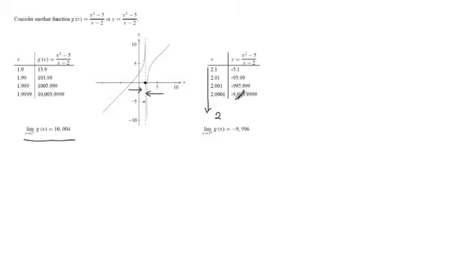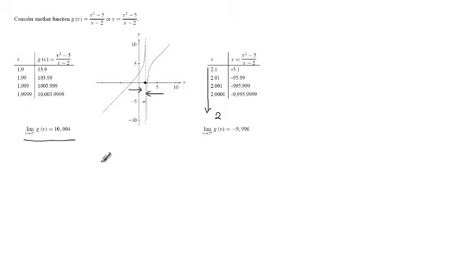And then looking at this process, rounding to 3 decimal places, we've got the limit of g of x as x goes to 2 from the right is equal to minus 9.99.